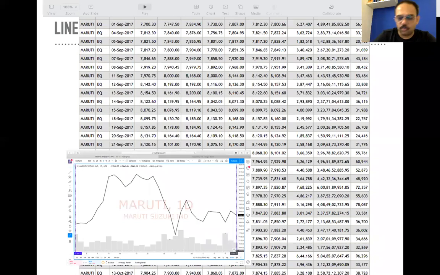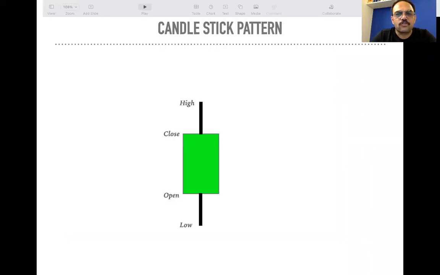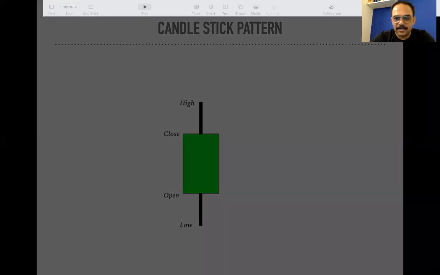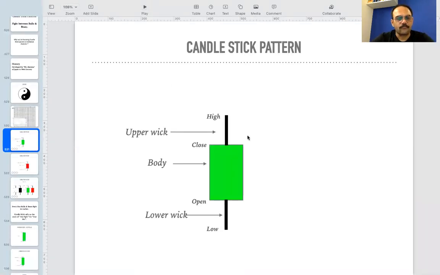So as I have told, there are open, high, low, close values every day in the stock market. So this is how the candle is drawn. Why is it called candlestick pattern?